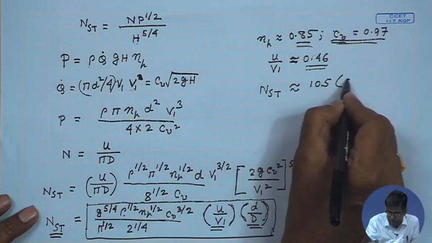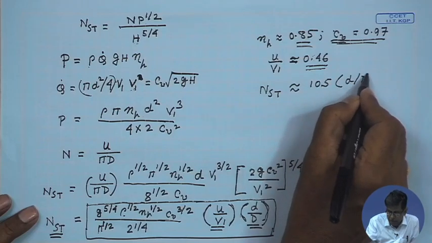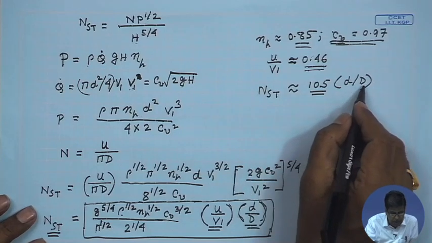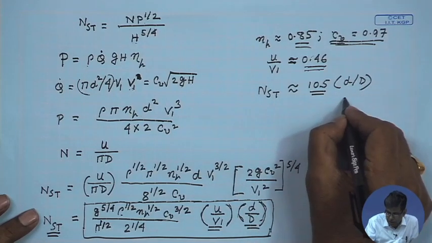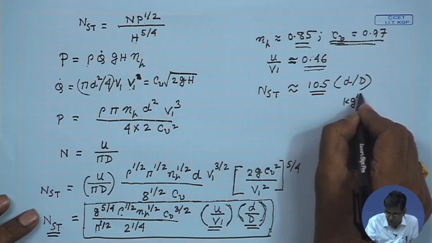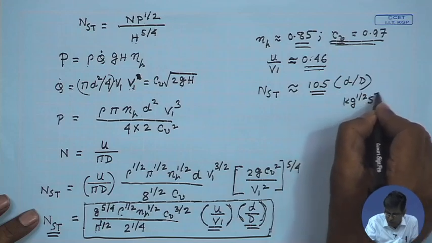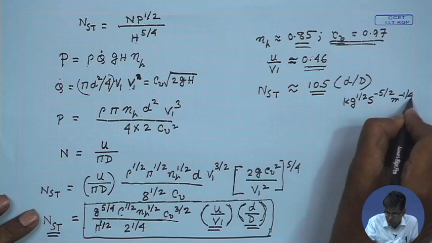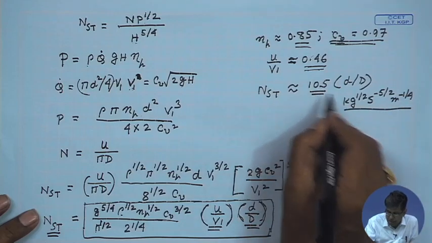You get this type of expression with 105, which is a dimensional constant, because this has a unit, that unit is kg, as I have already told, second to the power minus 5 by 2, meter to the power minus 1/4. So, this is a dimensional unit.